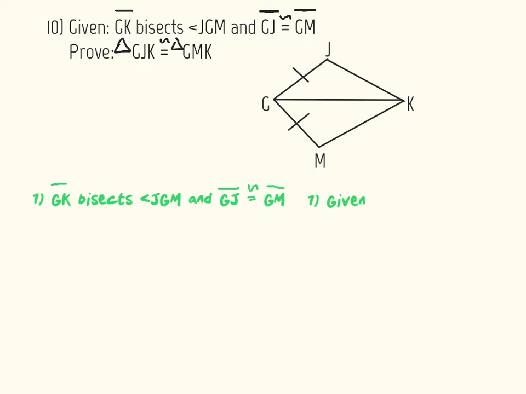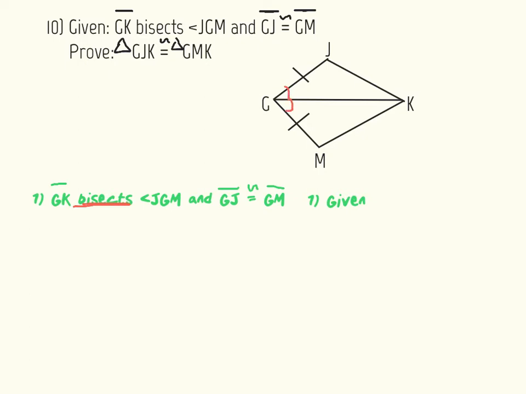Now, one of the hints that we always look for in proofs is geometry words. So I see the word bisects. That is a definition that we use quite frequently. I'm going to look up that definition, and I see that it means the two angles that it bisects are the same.